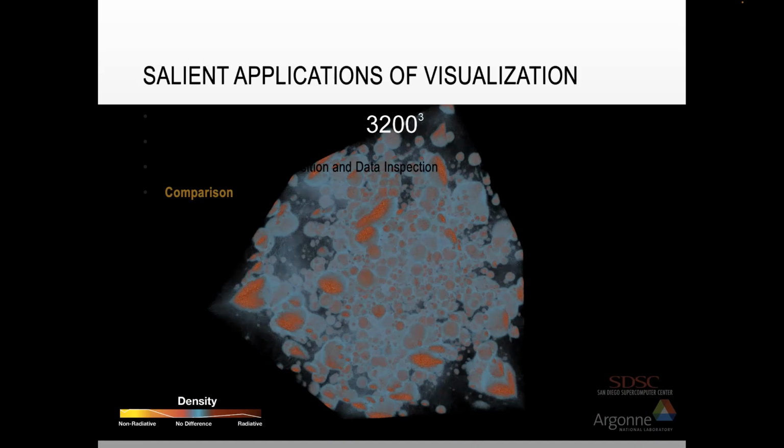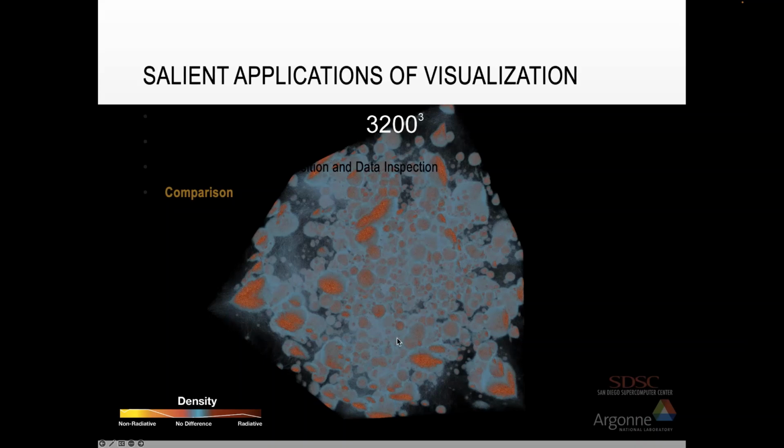So they added radiative transfer to their simulation and ran that simulation again with new physics and tried to compare the results. So here, what they did was, for the older simulation and the new simulation, they took a difference of the two data sets at the same time snapshot, and then they did the visualization of that difference.